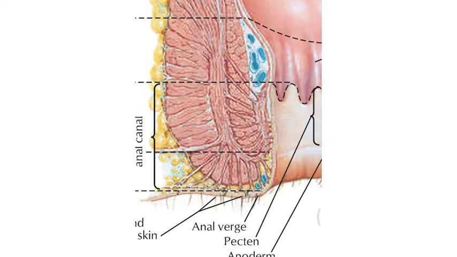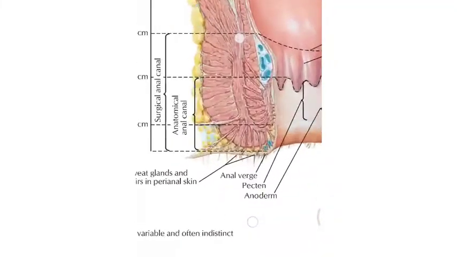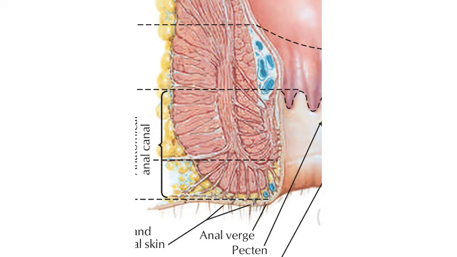And this region is the subcutaneous part. This is the subcutaneous part of the external anal sphincter. So these septa are going to pierce the subcutaneous part of the external anal sphincter and they are inserted into the perianal skin, that is around this region. This is the perianal skin.